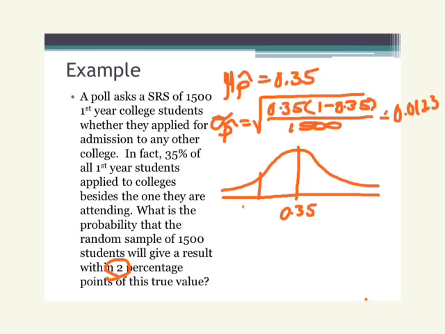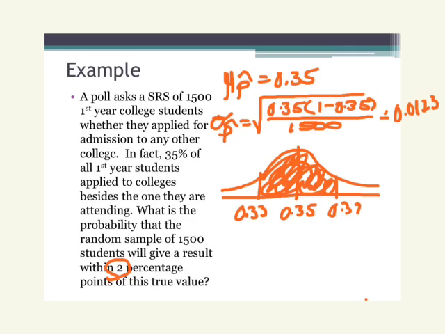So that means we're trying to find the area from 0.33 to 0.37. So we'll shade in our normal distribution there, and that's the area that we're trying to find. Okay. So now again, at this point, you have two options. You either use your z-score and gold packet, or you can use your normal CDF, and that's what I'm going to use in this problem.